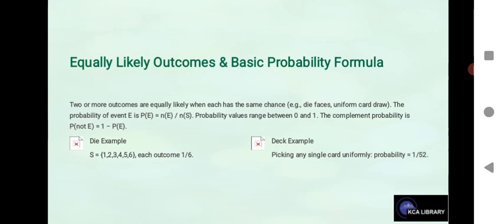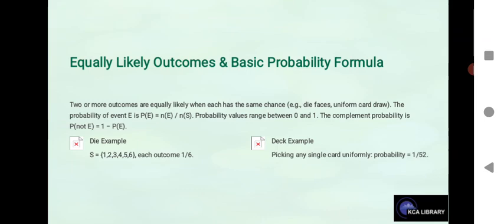If you throw it more than once, that is when you increase. So the probability of event E, P(E), is n(E) over n(S). Don't forget, E is event and S is sample space. Probability values range between 0 and 1. The complement probability, P(not E), will always be 1 minus P(E).